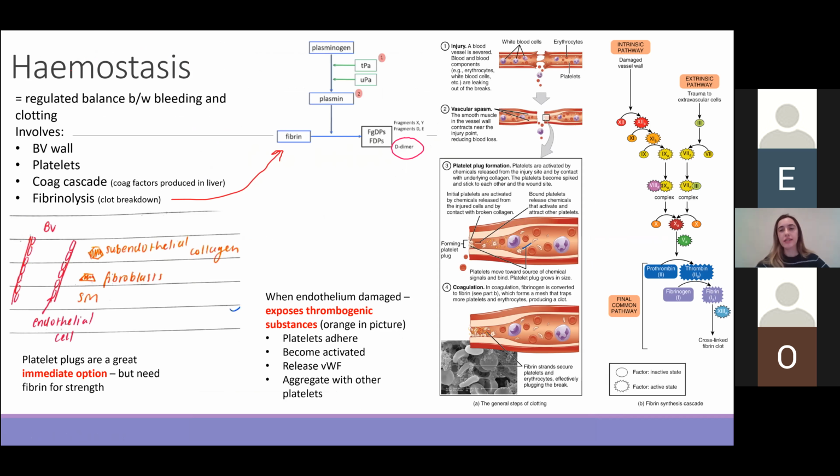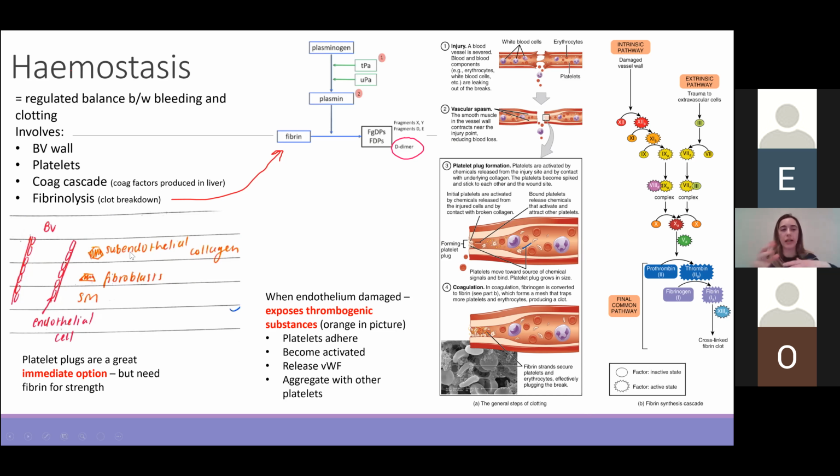To understand this, you obviously need to know a little bit about how it all operates. Hemostasis is that balance between your bleeding and your clotting. It's one continuum. And I have a very basic diagram of the process. If you have some sort of damage to the endothelial cells lining your blood vessels, it exposes really thrombogenic substances into your lumen, and the platelets adhere to them and become activated.